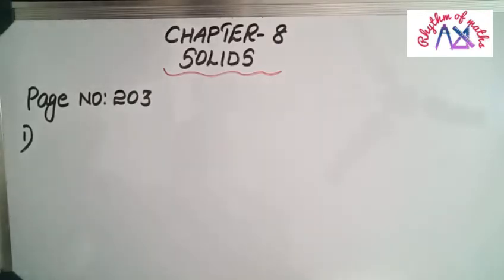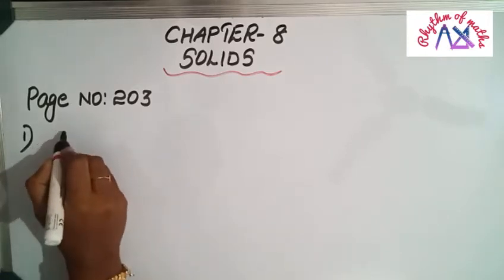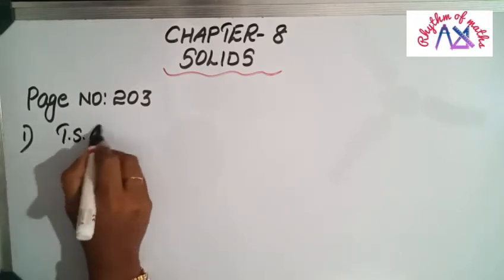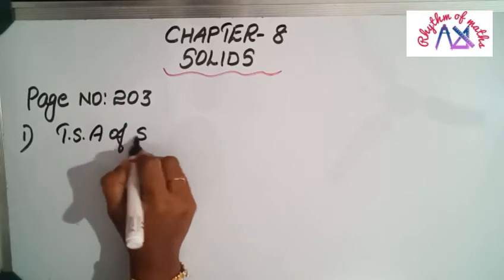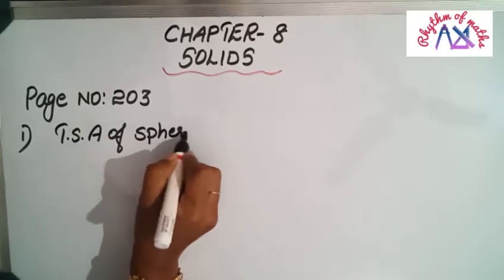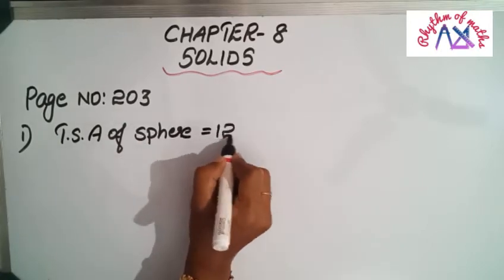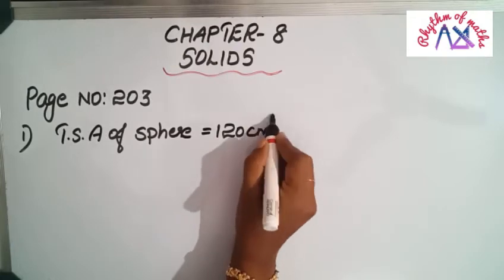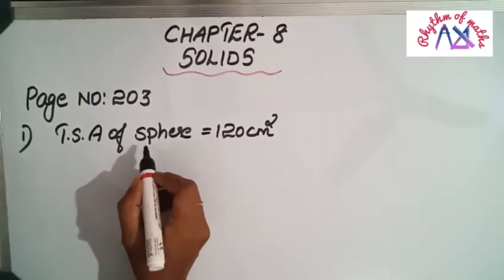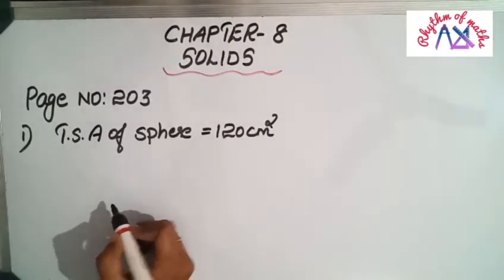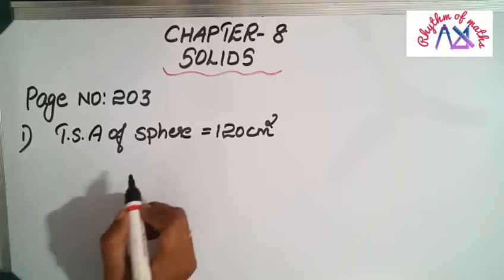Here in this question, the surface area of the sphere is given. Surface area of a sphere means only one surface area is there, that is TSA. The TSA of the sphere is given as 120 centimeter square. If this sphere is cut into two equal hemispheres, what will be the TSA of each hemisphere?